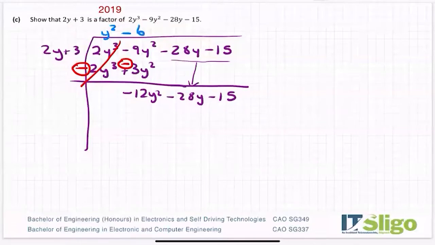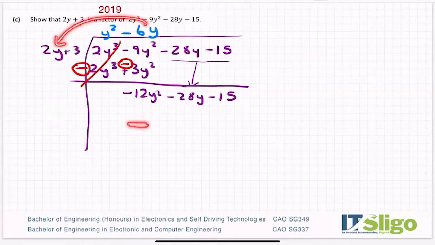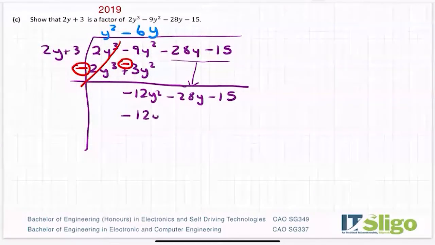Let's have a look at the letter. I have one y there. I need y squared. So I need another y in this factor up the top. Okay, so now minus 6y by 2y goes here. Minus 6y by the 3 goes here. Okay, so minus 6y by 2y gives me minus 12y squared.